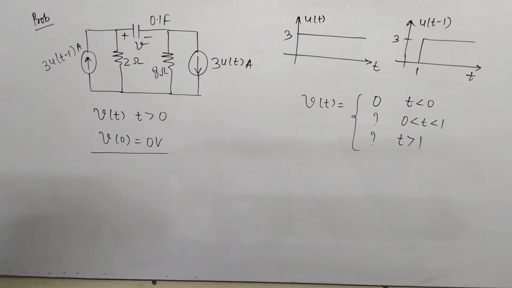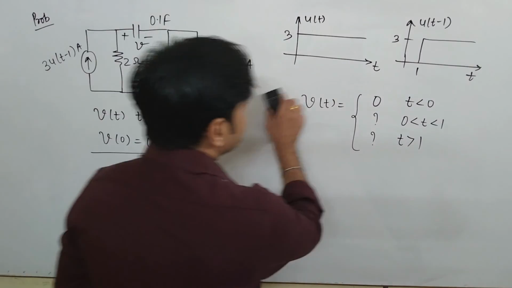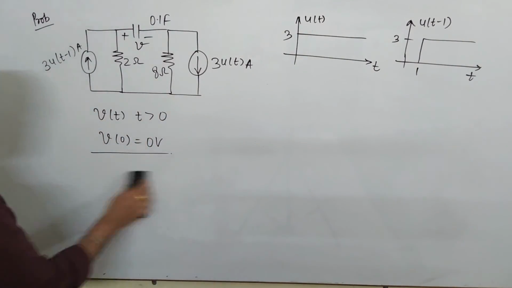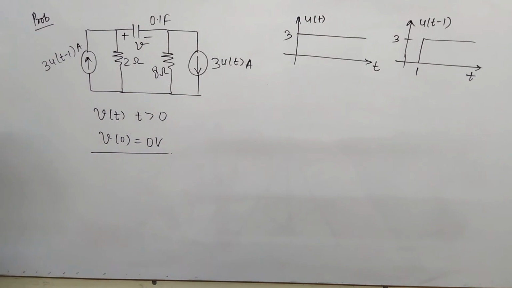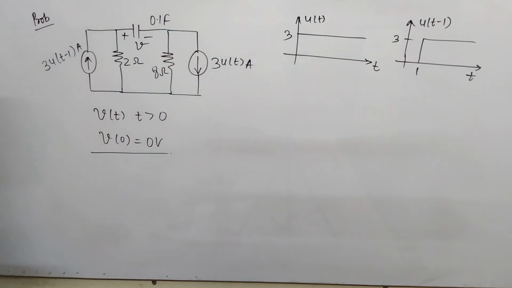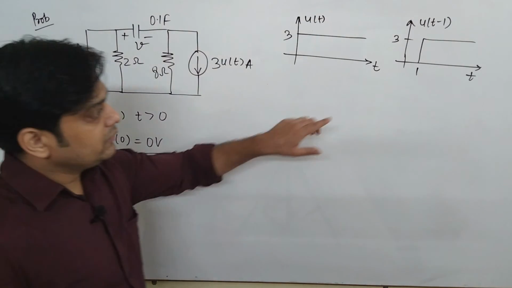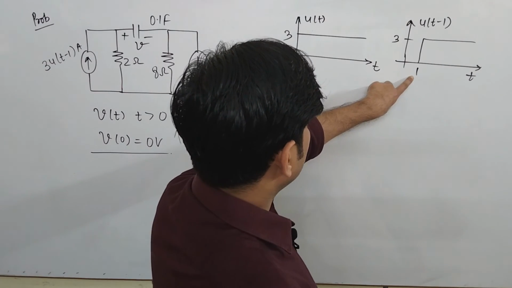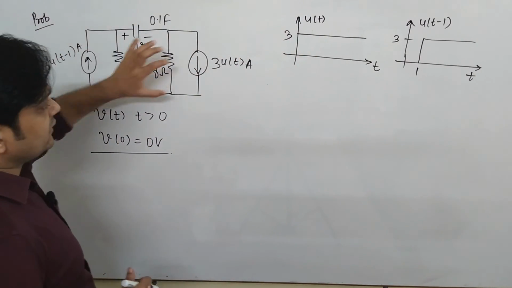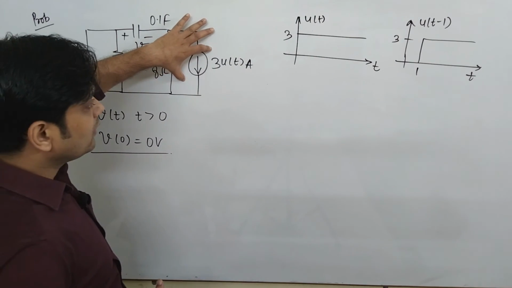Okay. So as I said, first we have to see this instant, that is 0 less than t less than 1. Why? Because during this instant only one source comes into the picture, that is 3u(t).